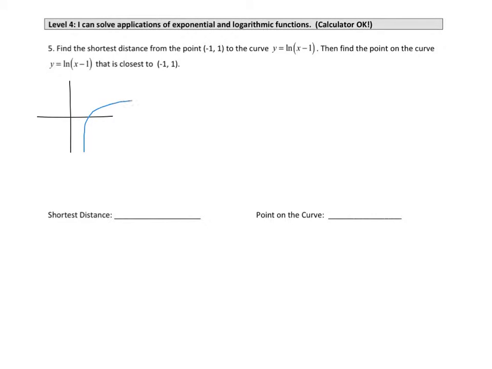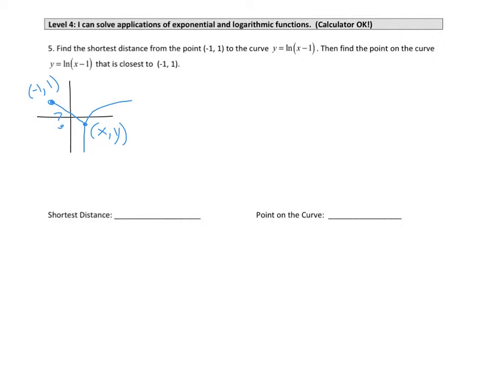So it looks something like that. And the point negative 1, 1 is somewhere over here. And we want the shortest distance from that point to the graph. And on this graph, we don't know what that point would be. It's some mystery point, some xy pair.